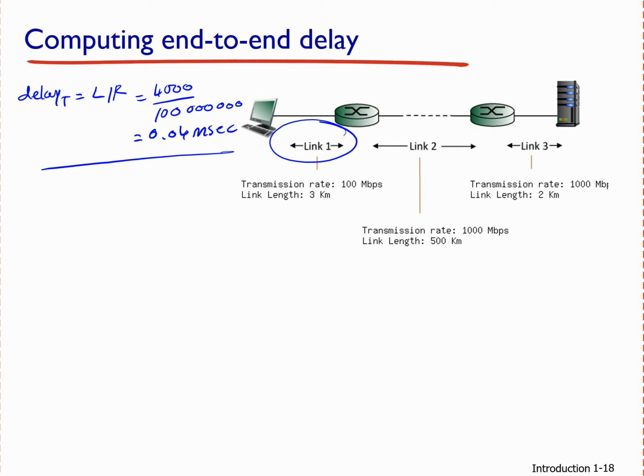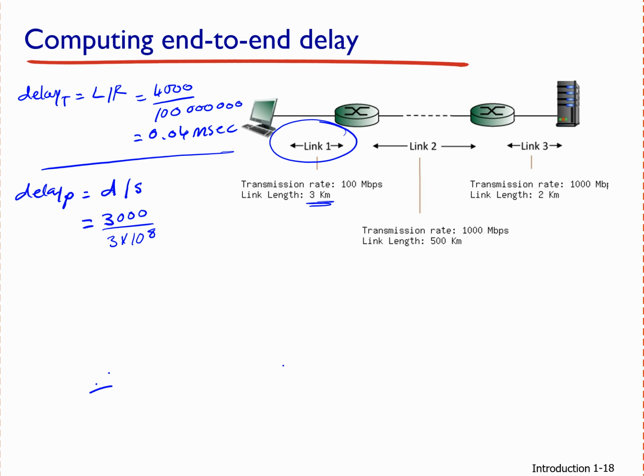The propagation delay of that link is equal to the distance divided by the speed, which equals 3 divided by the speed, 3 multiplied by 10 to the power of 8. Remember, this is meter per second, so we need to convert this 3 kilometers to meters, multiplied by 1000.